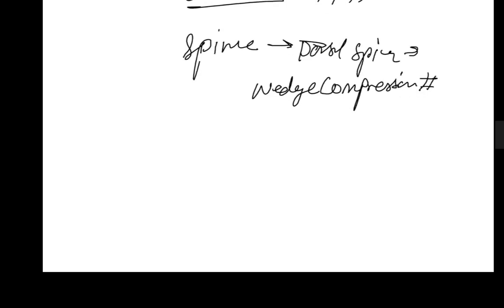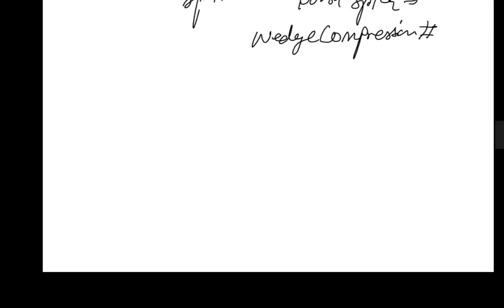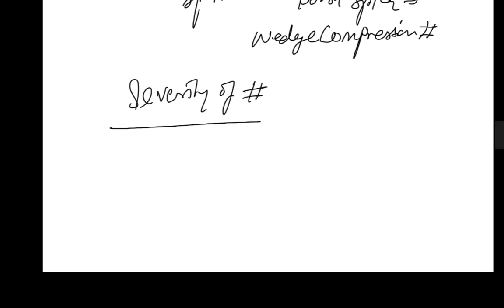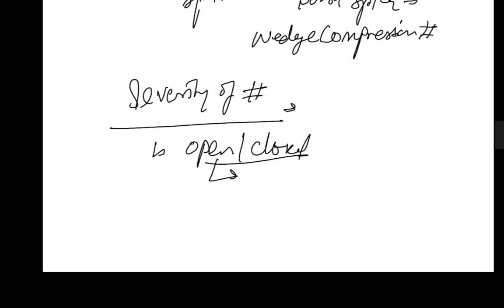Then we discuss the severity of fracture. Severity of fracture is defined by whether the fracture is open or closed. If the fracture is open, there is a chance of infection in the bone.